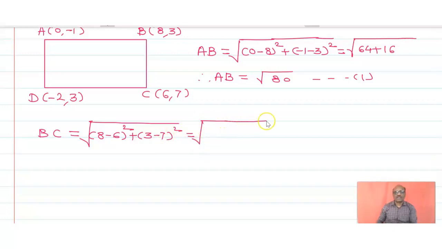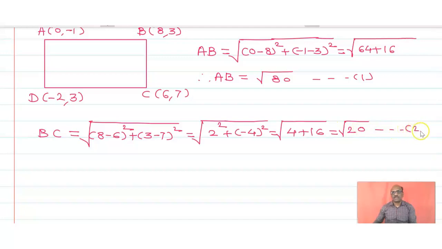Here in the root, 8 minus 6 means what? 2 squared, plus (-4) squared. 2 squared means 4, plus (-4) squared, and overall we get the root of 20. And see, AB, BC. Next, CD.